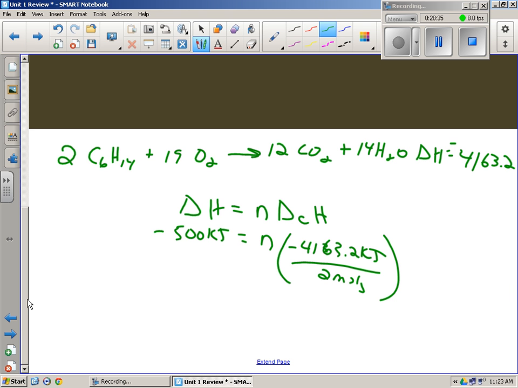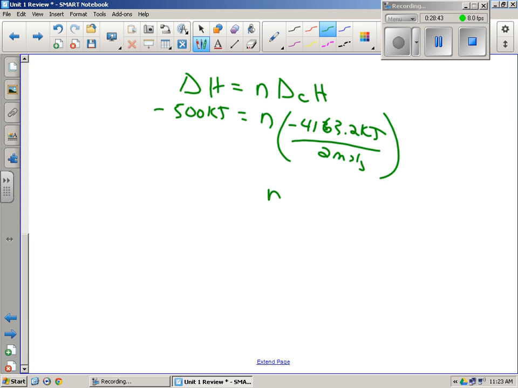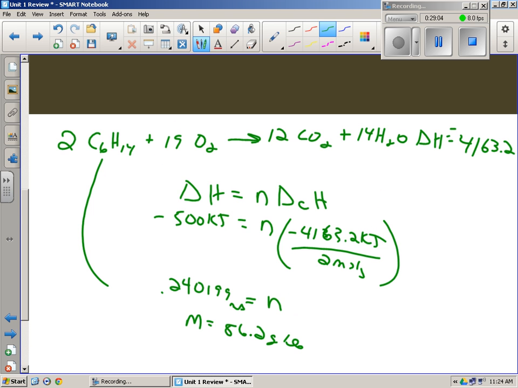That's my molar enthalpy of combustion for this particular fuel. So you can solve for n here. n will turn out to be positive, of course. That works out to be 0.240199 moles. The molar mass of that is 86.2 grams per mole for this right here.